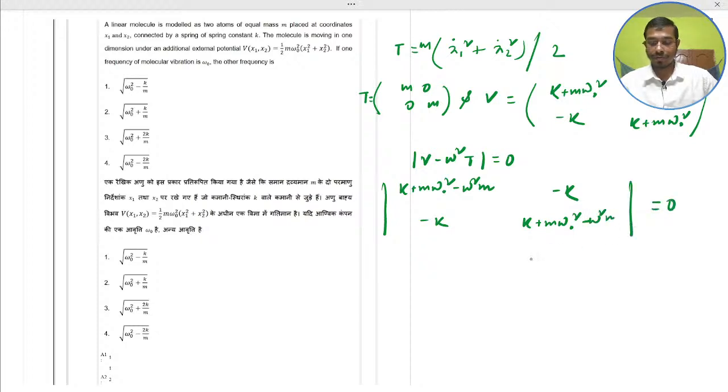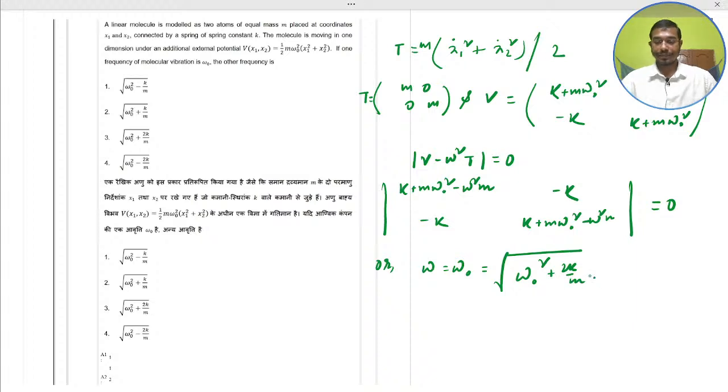This is equal to 0. So by solving you would get omega equal to omega naught, this is the natural frequency, and the other would be omega naught square plus 2k by m. That is option 3, root over omega naught square plus twice k by m.